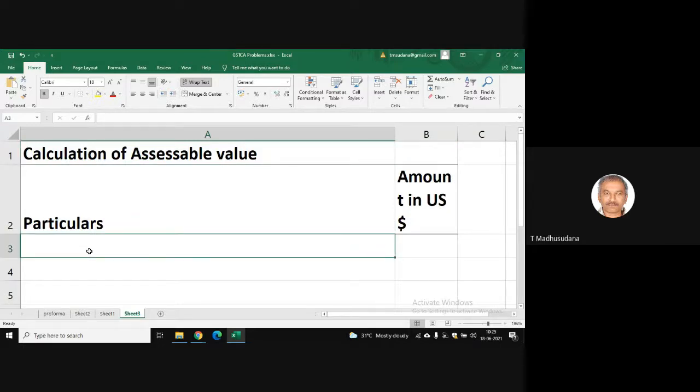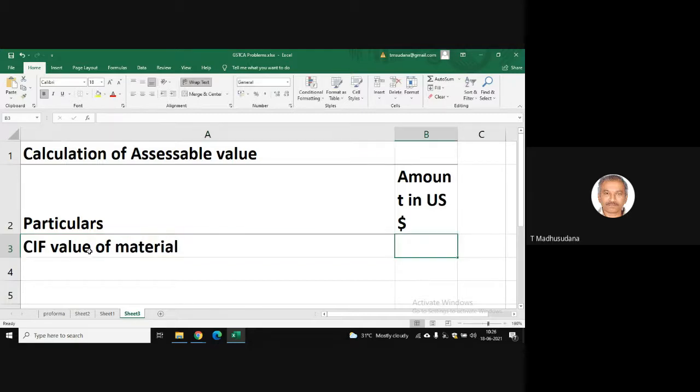Here, the material was imported by air at CIF price of 5000 US dollars. So first, the CIF value of material. How much?